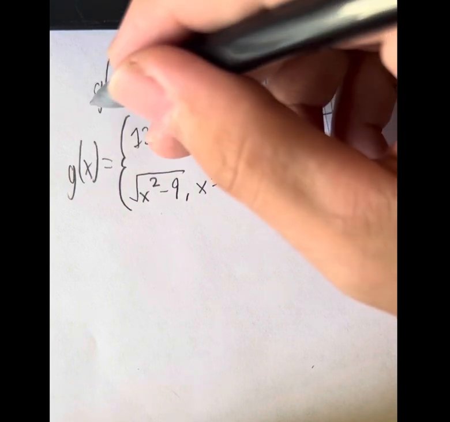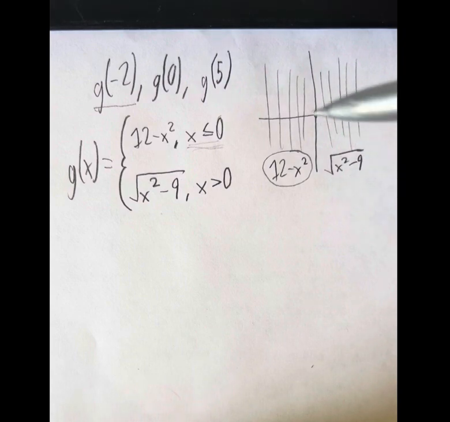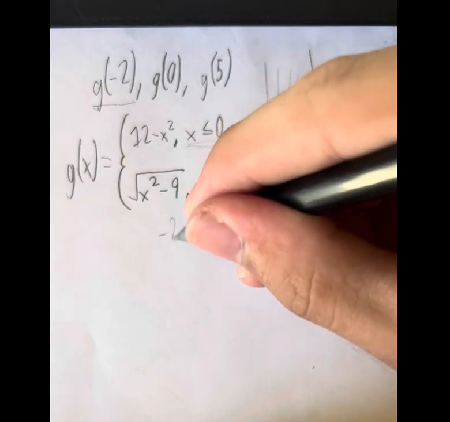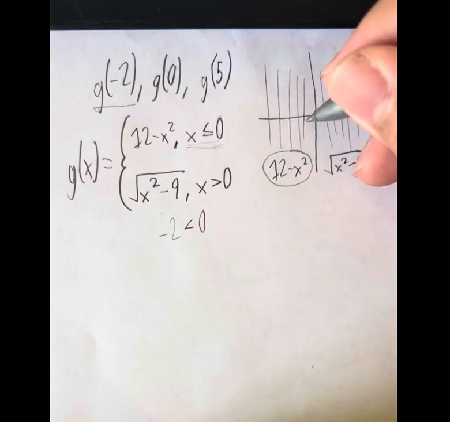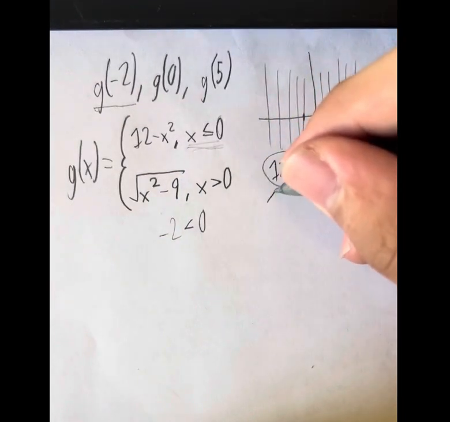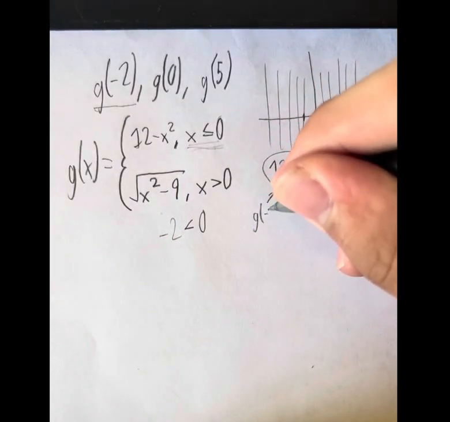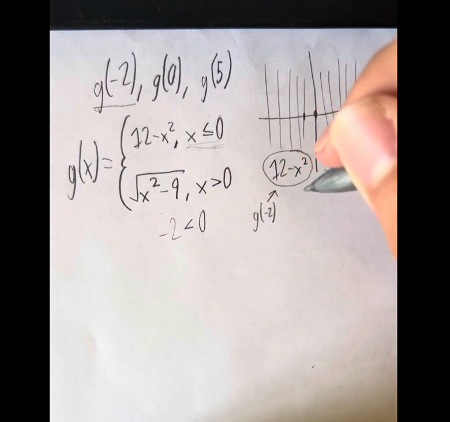Now, let's find what g of negative 2 is first. So right off the bat, we know that negative 2 is less than 0. Let's say negative 2 is like, maybe right here. So the equation you would use to find g of negative 2 is 12 minus x squared.